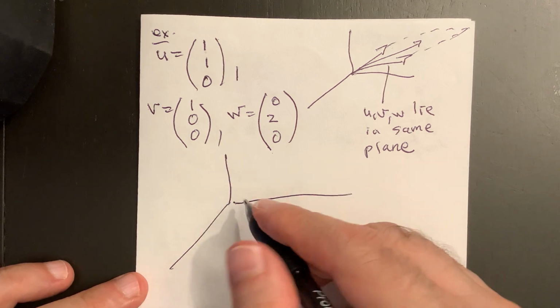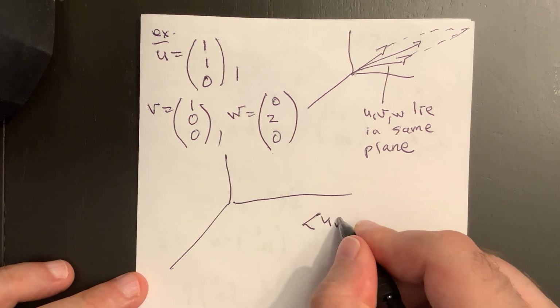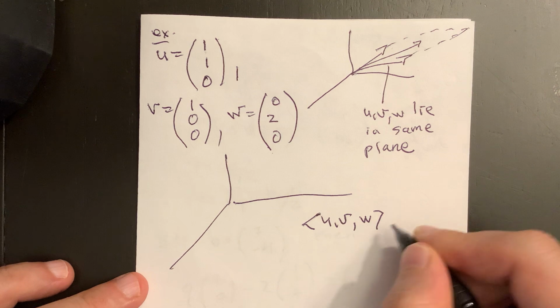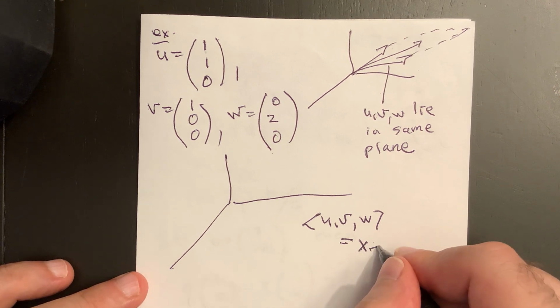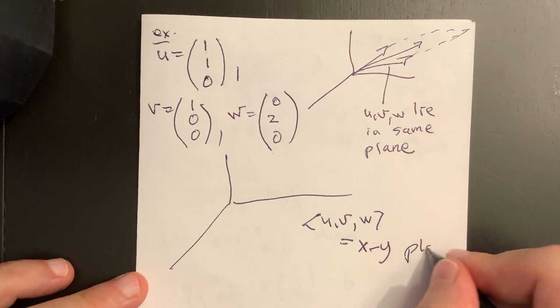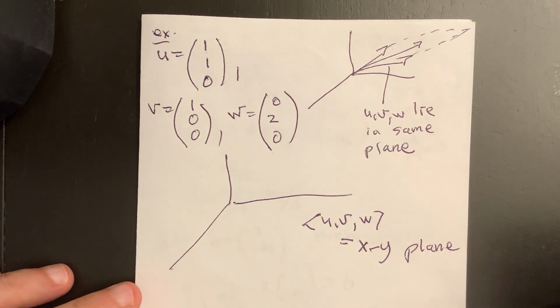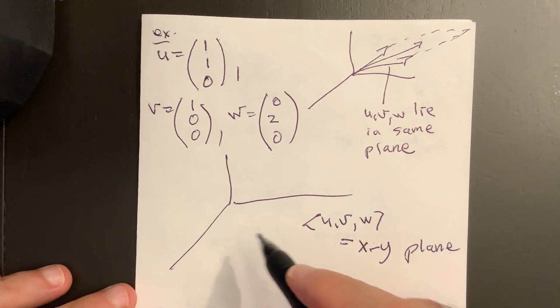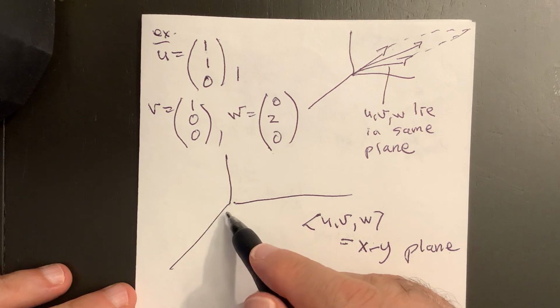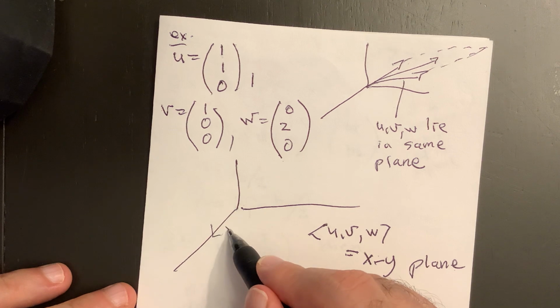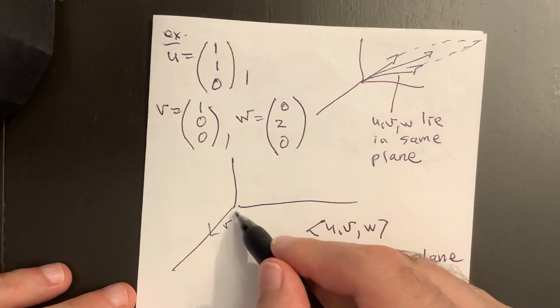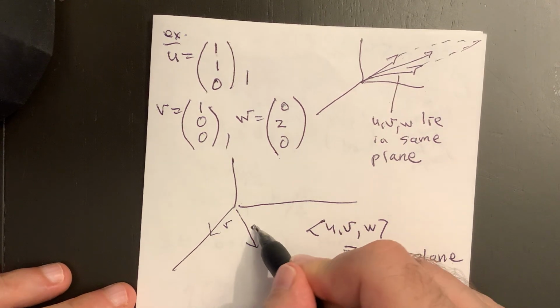So the span of u, v, w is equal to the XY plane. Right? So you can see this graphically. Maybe this is the x-axis here. So there's v. u would come out here.